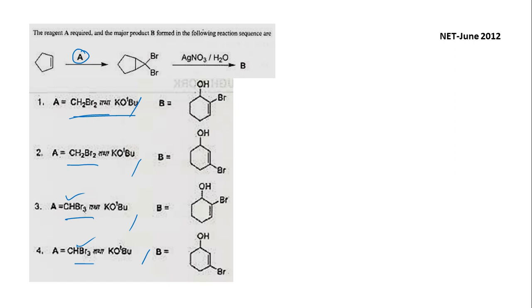Now once this is formed, in presence of Ag+ ion, Br will be removed, and there will be generation of carbocation, like this. Okay. Now if this C–C bond is broken, there will be formation of a 6-member ring.